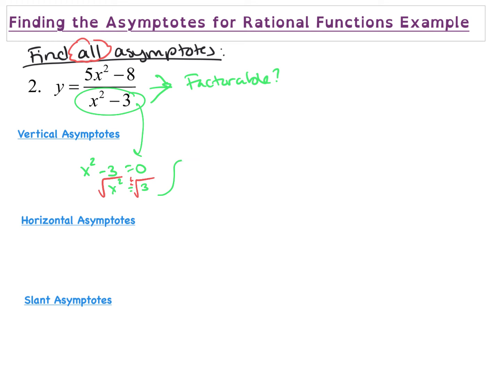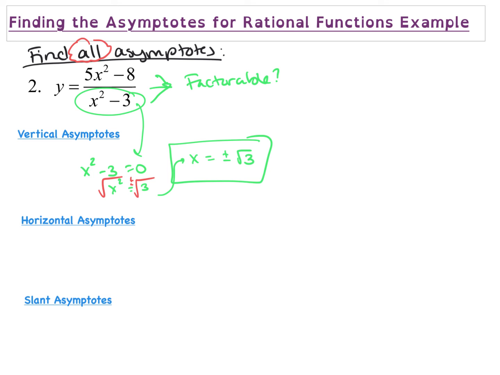So I have x equals plus or minus the square root of 3 for my vertical asymptotes. Remember, x equals a constant is a vertical line. So these are our two vertical asymptotes.